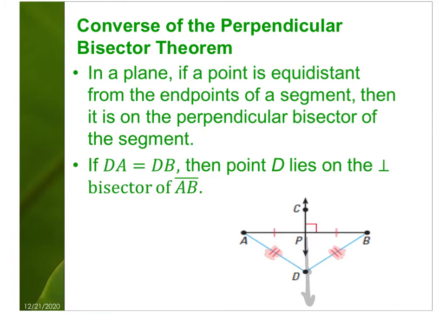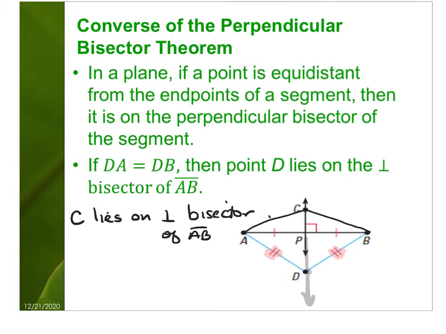Now there are several statements that I could make based off of this picture. By looking at this picture, I could say that point C lies on the perpendicular bisector of AB, and I could put some congruency marks and show that it's equidistant from the endpoints because it's on the perpendicular bisector.